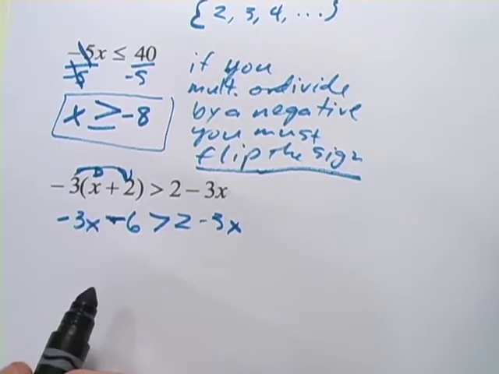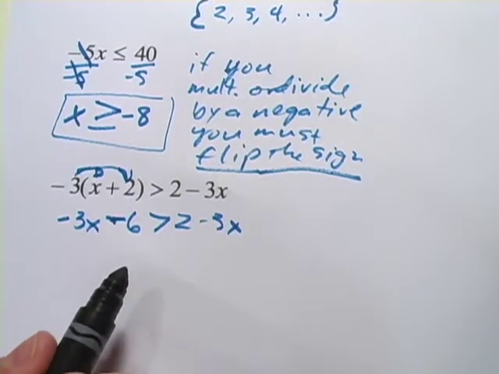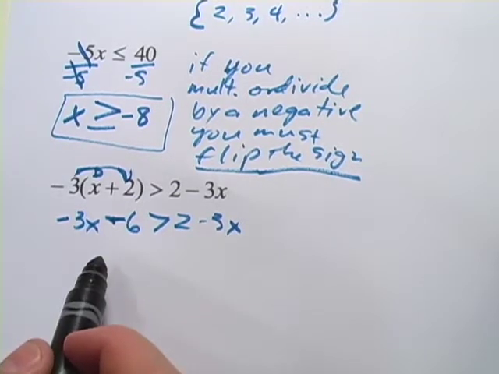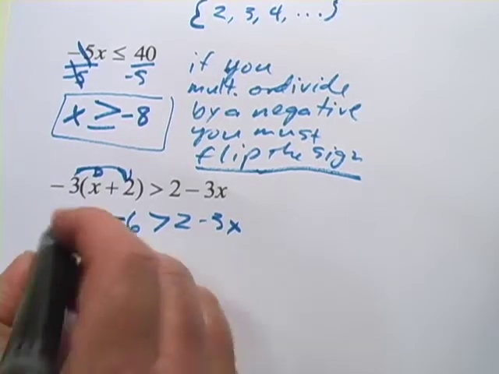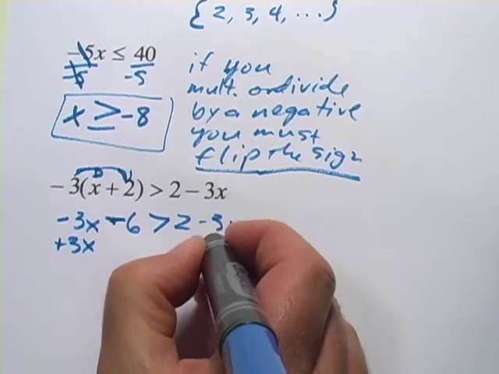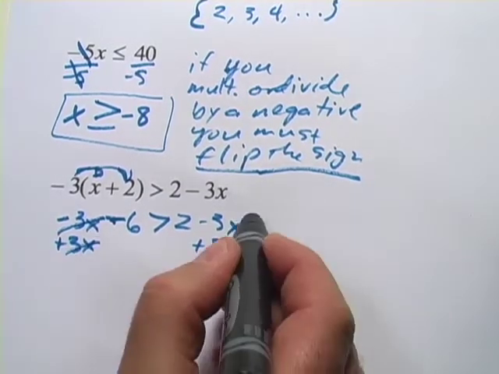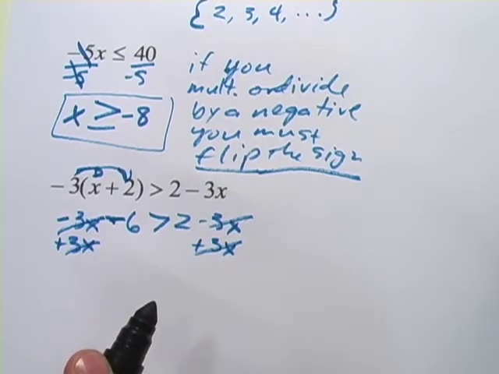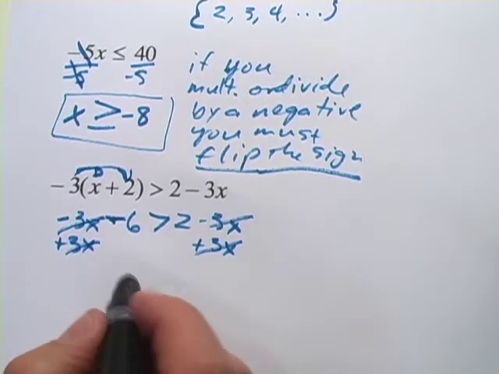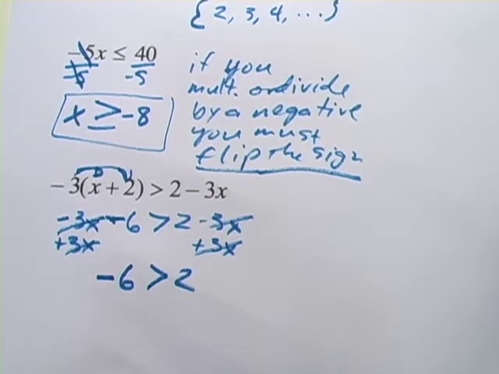Now there's something funny about this inequality already, but if we were just going to approach this and try to solve for x, we'd want to get rid of the x on one side or the other. So you might say, let's add 3x to this side, and then I'd have to do the same thing over here. And what happens is that over here and over here, the x's just disappear. And what you are left with is this negative 6 is greater than 2. So what's going on there?